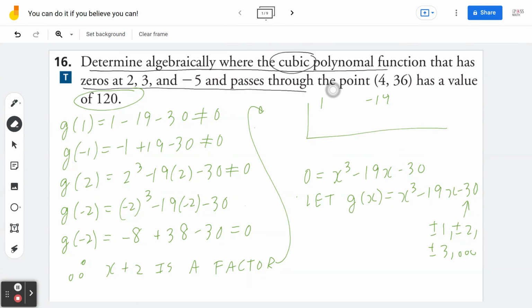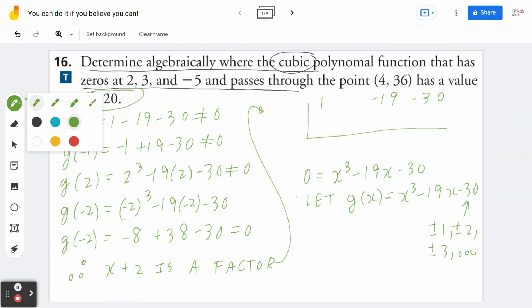Let me erase a little bit more just to create more space. So it's 1, negative 19, and negative 30, but don't forget the empty placeholder, because technically this is x cubed plus 0x squared. That's in between, right? In between x cubed and negative 19x.